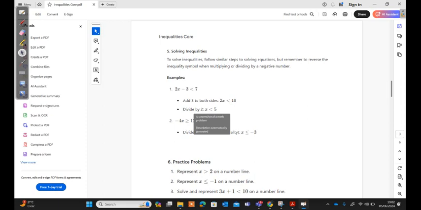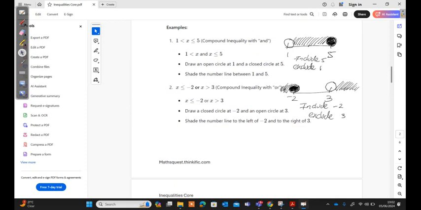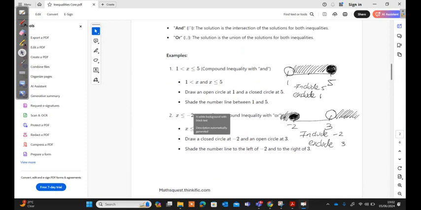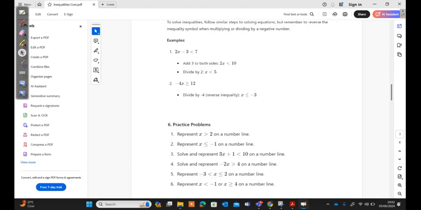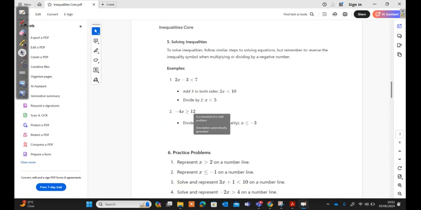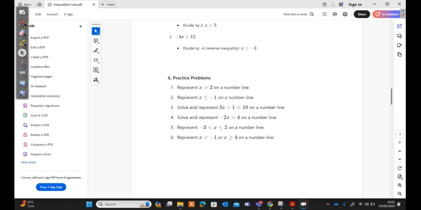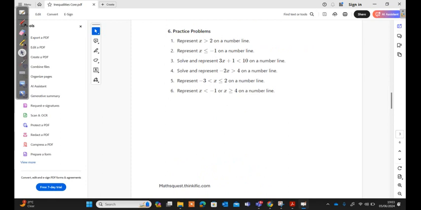Okay, so I think I've given you a good enough explanation to actually use with this chapter. I've explained to you how to construct the number lines with the shading, and I've also shown you the key thing about solving inequality, which is that when you're dividing or multiplying by a negative number, the sign should change. Now it's up to you to practice these questions.